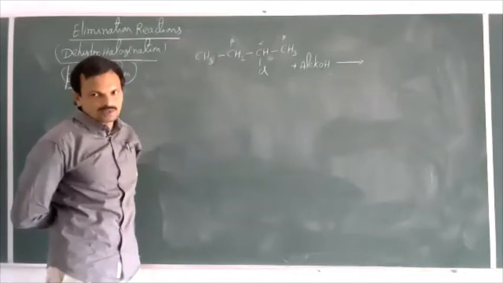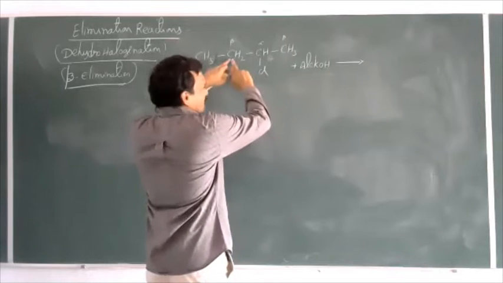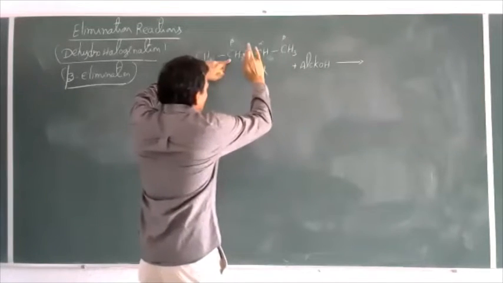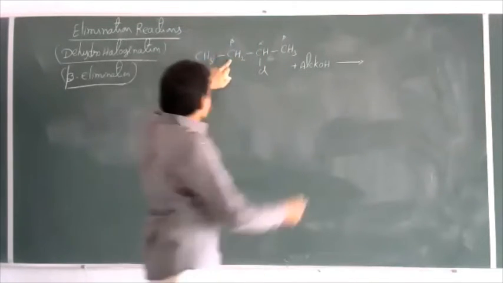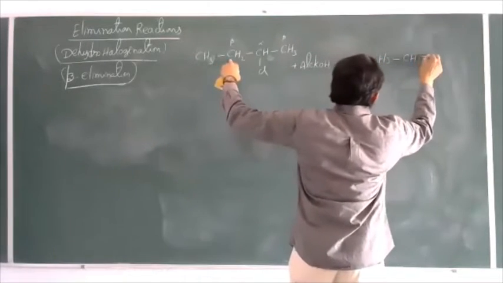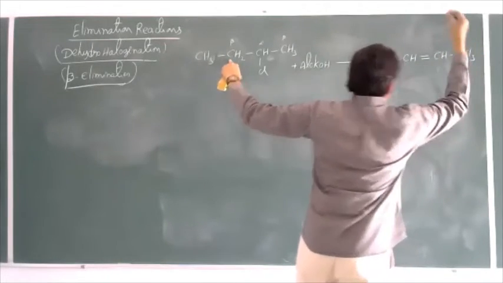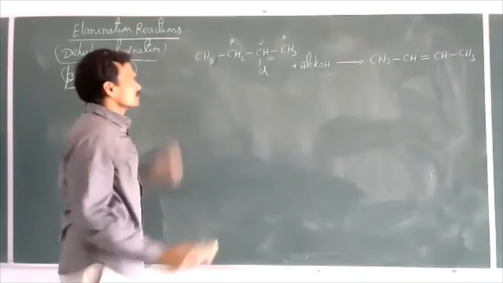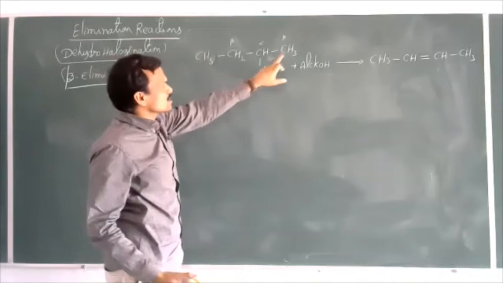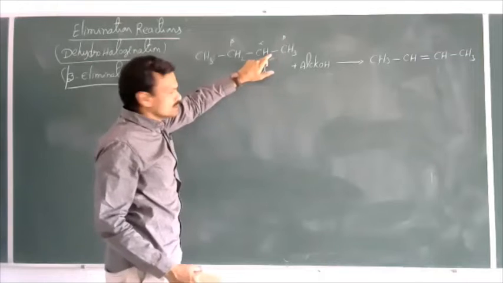Now two different possibilities are there. Suppose the hydrogen is eliminated from this beta carbon, then the double bond will come here. Then the product is CH3CH=CHCH3. Suppose the hydrogen is eliminated from this carbon, then the double bond will come here.